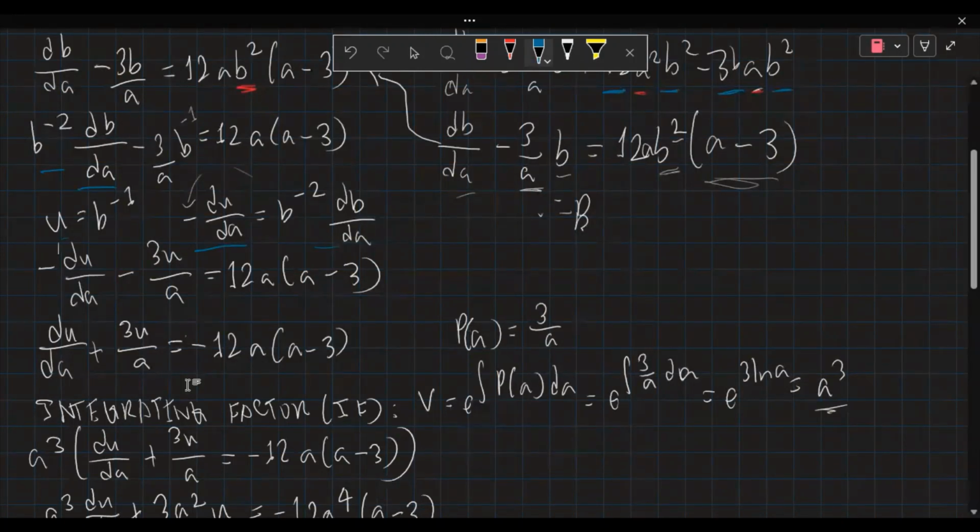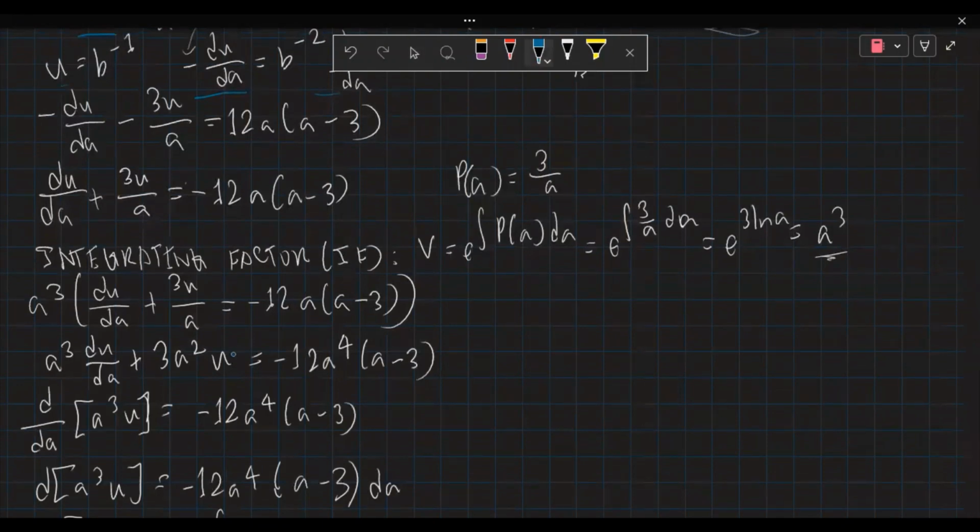So our integrating factor is basically e to the integral of 3 over a da, since a is our independent variable. So we do integration within the exponent of e, and then it becomes e to the 3 ln a. Tapos this is rules of logarithm. So the 3 goes here, and since it's a coefficient of a logarithm, it becomes an exponent of the function within the logarithm.